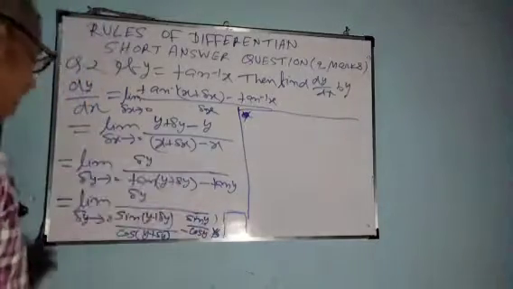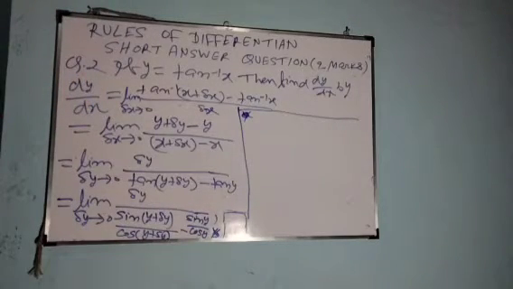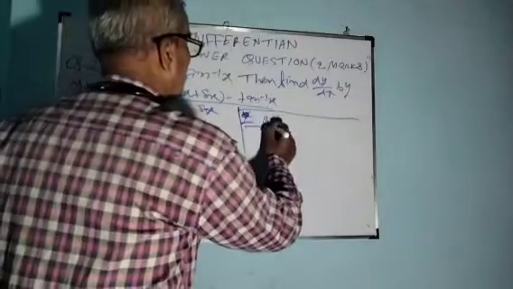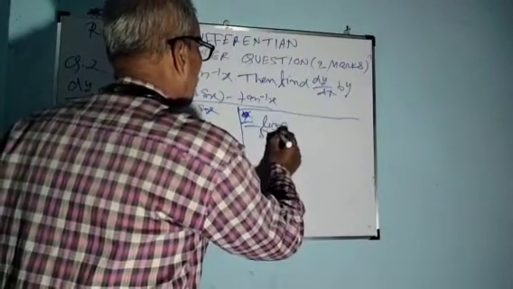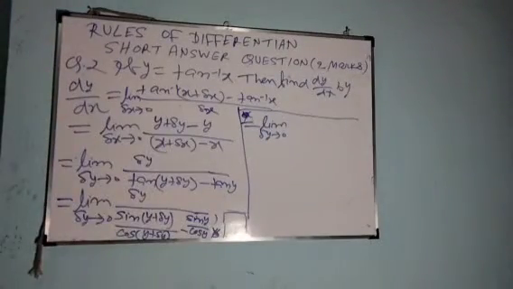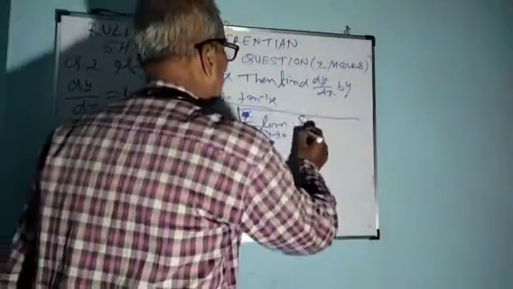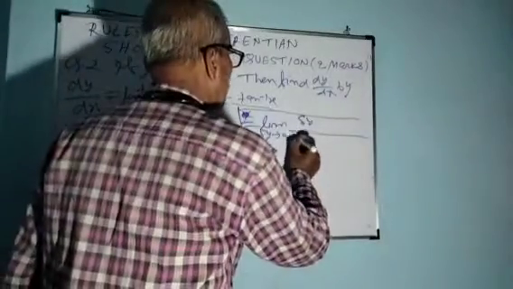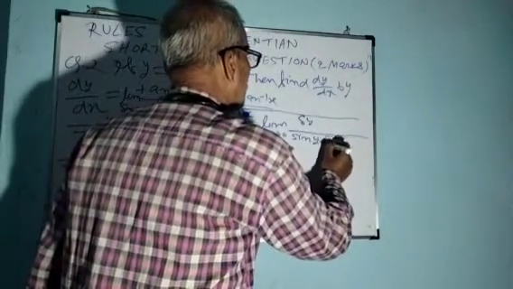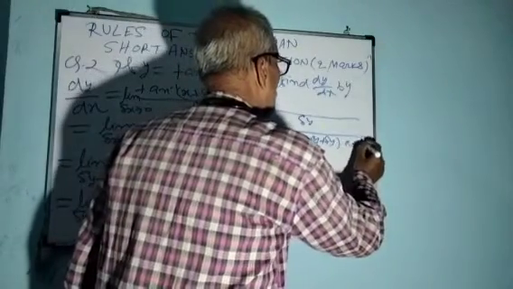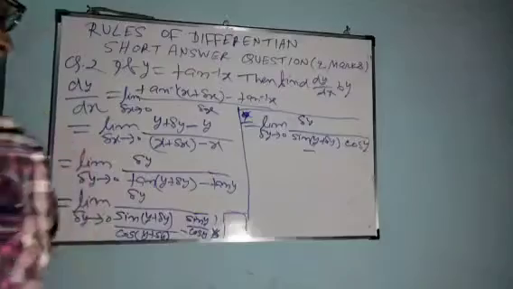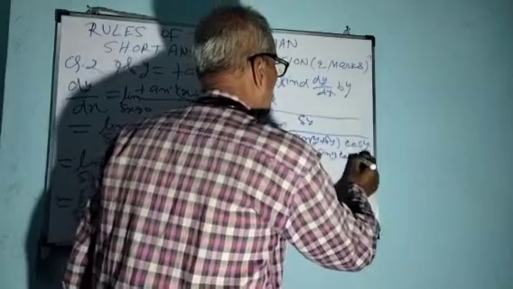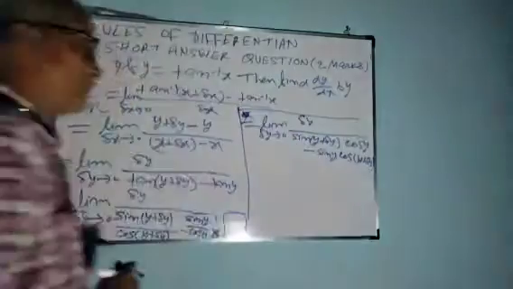This is equal to limit delta y tends to 0 of delta y by sin of y plus delta y into cos y minus sin y into cos of y plus delta y.